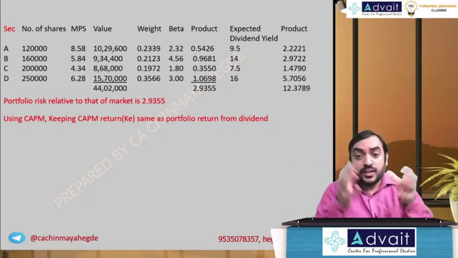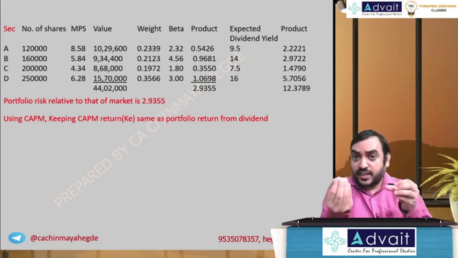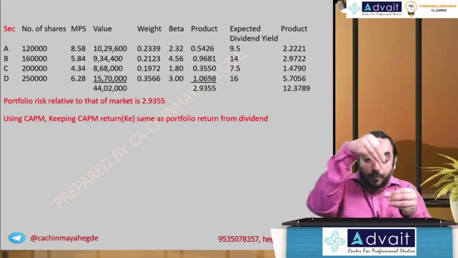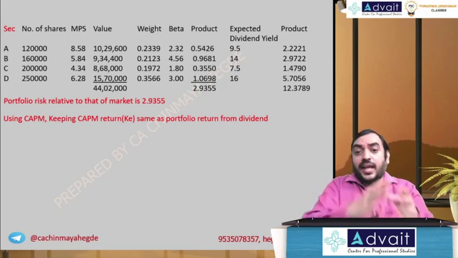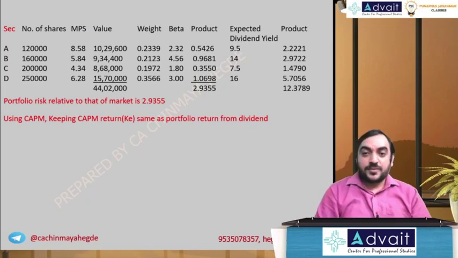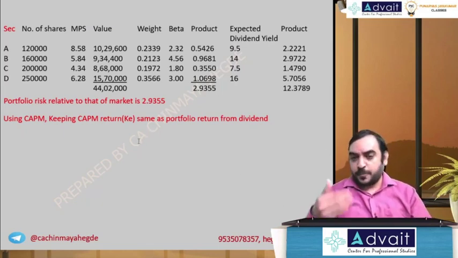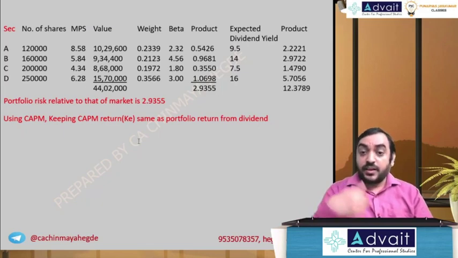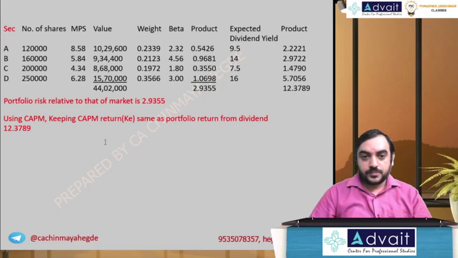So here what I'm doing, don't compare the two returns. This return, what you're expecting, put it in the CAPM return and compute the beta as a balancing figure. I hope I need not write the formula of CAPM. You should know it. Return, I am making it as 12.3789 equal to risk-free return.